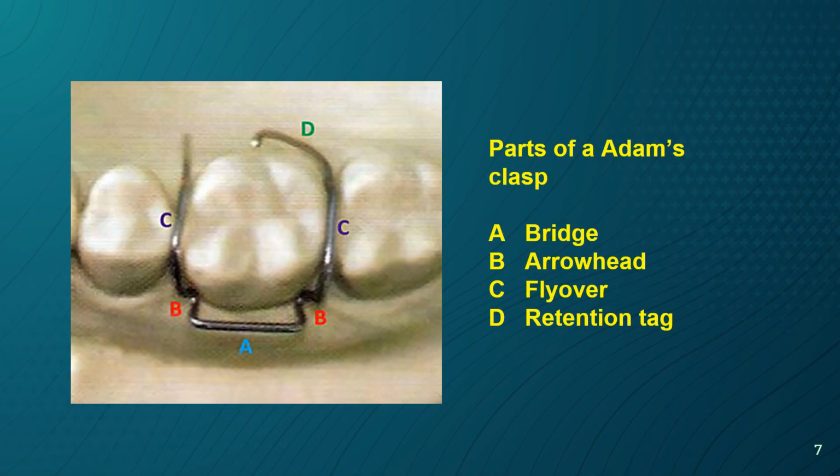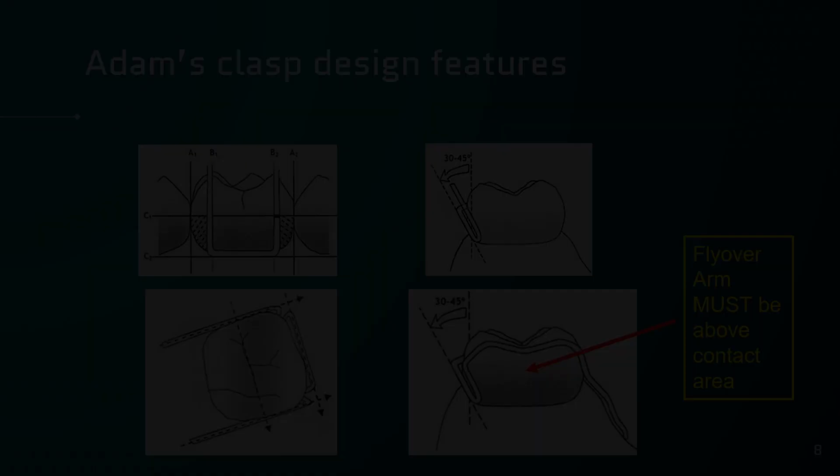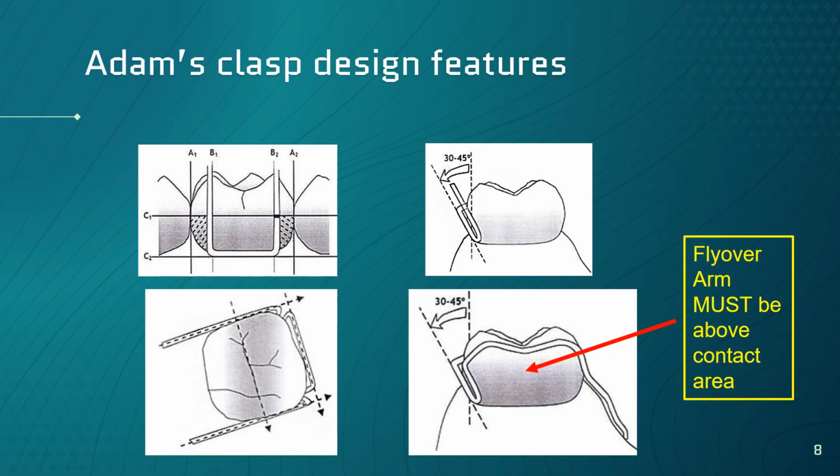The Adams clasp has a few parts to it. As you can see here, one is the bridge. There are two arrowheads, two flyover arms, and two retention tags. Some of the design features to take note of: the length of the bridge should be approximately the distance between the mesial and buccal cusp.